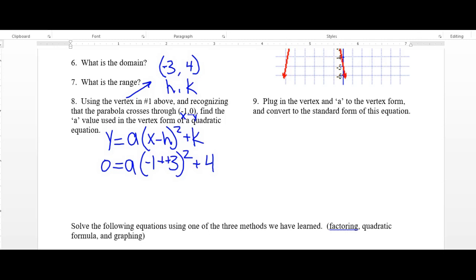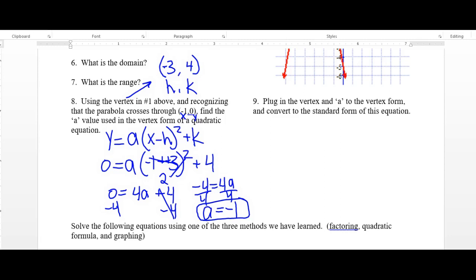So -1 plus 3 is going to turn out to be 2. So we end up with 0 equals 2 squared is 4, so 4a plus 4. That's our equation. Minus 4 to both sides. We get -4 equals 4a. Divide, and a equals -1.